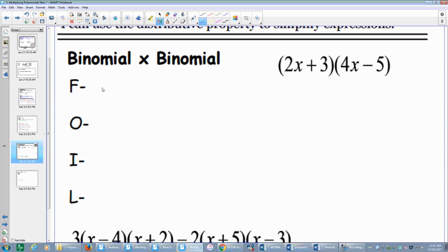FOIL stands for the first terms in each bracket. My first terms in each bracket are 4x and 2x. So I'm just going to write the F there.